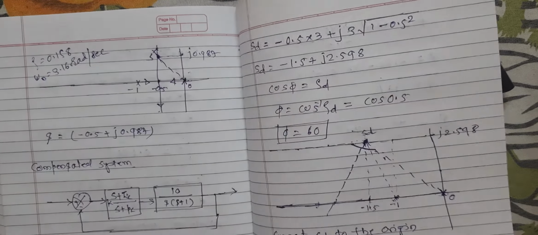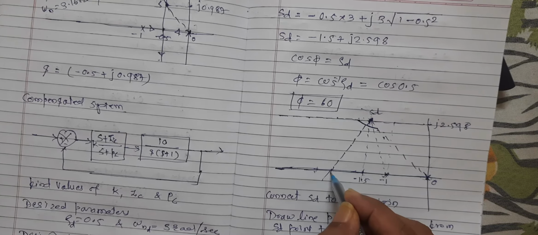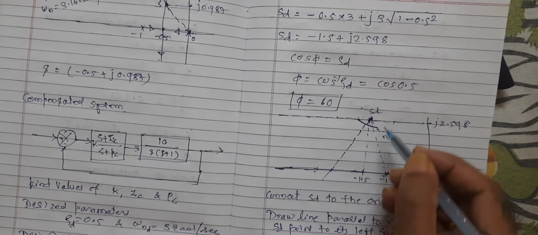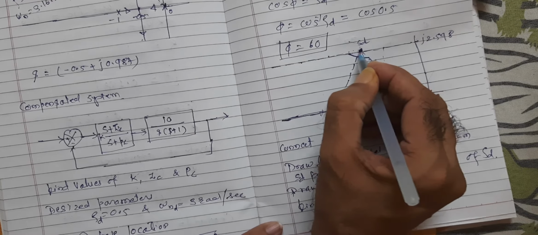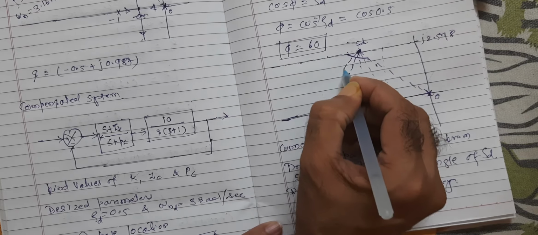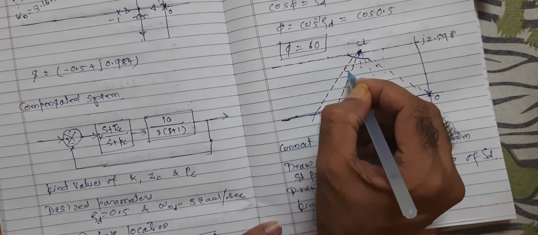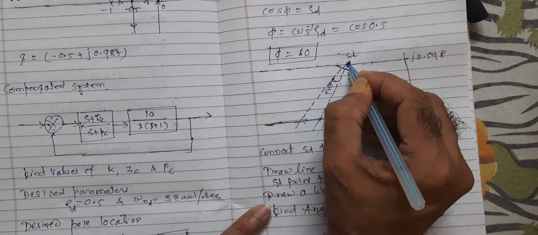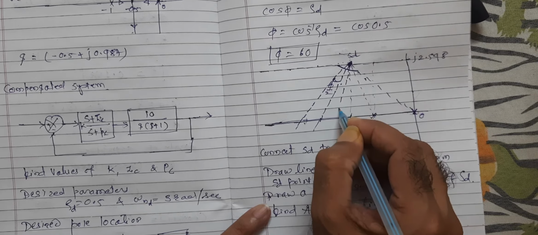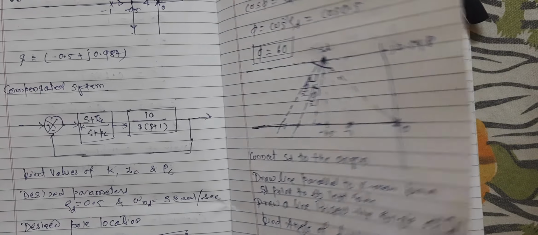Now see here, this is our angle bisector line, which bisects the angle. From this point to here, draw a line at an angle of phi by 2, and from these points to these points we also draw a line whose angle is again phi by 2.